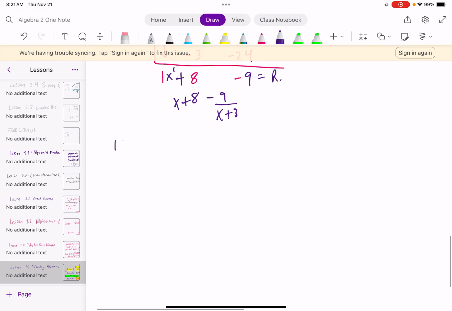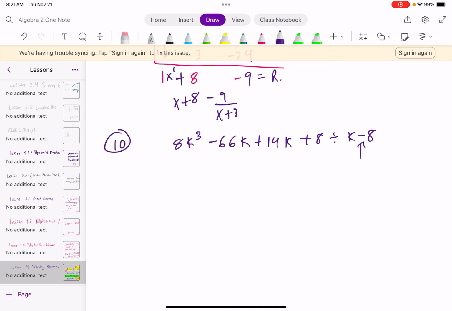Number 10. Number 10 says find the remainder when you have 8k cubed minus 66k squared plus 14k plus 8 and is divided by k minus 8.